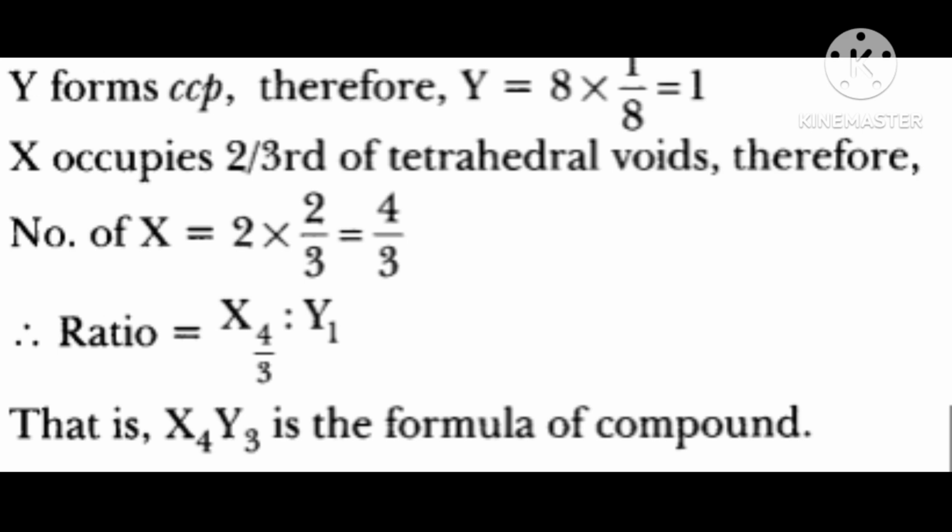Then the A to B ratio is 4 by 3 divided by 1, so it will be a 4:3 ratio.